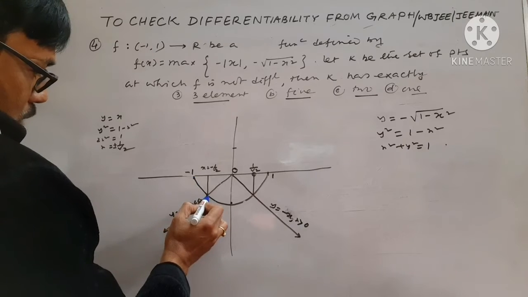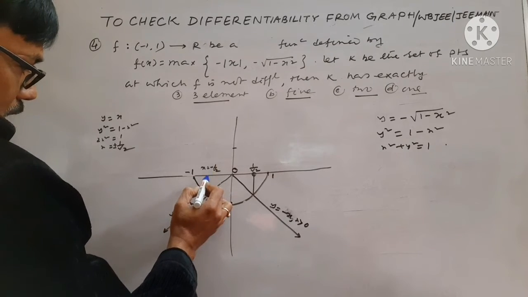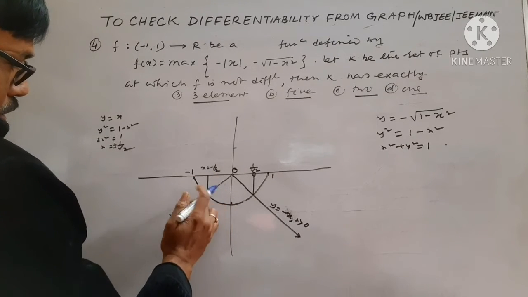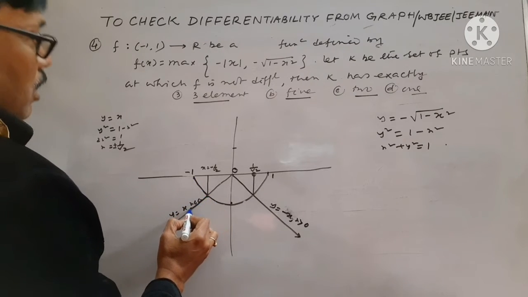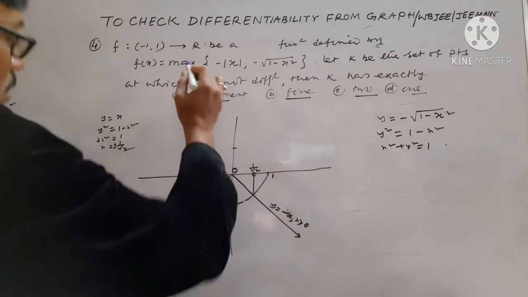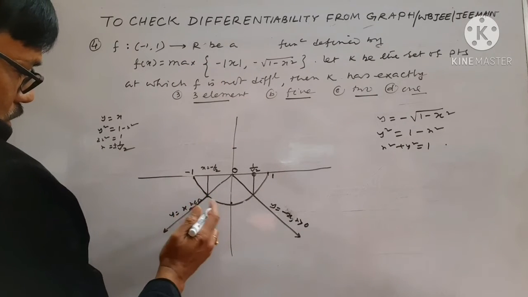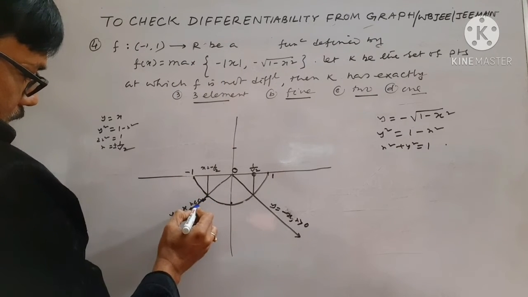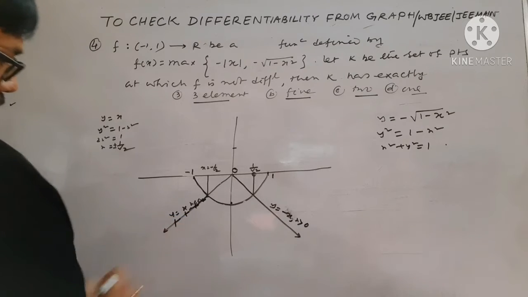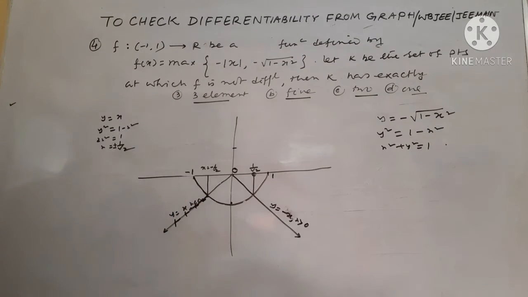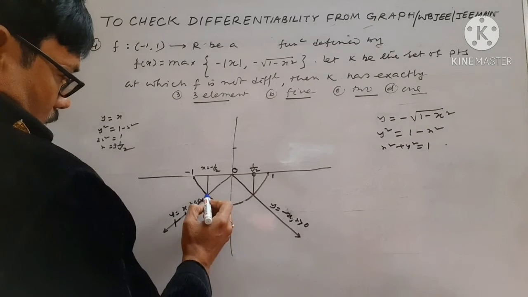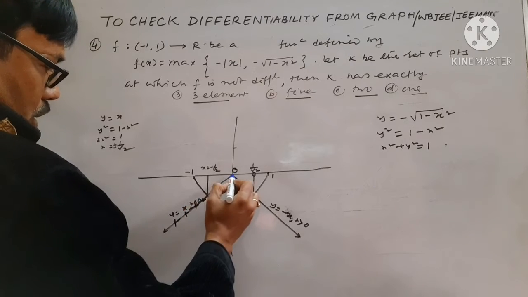So in minus 1 to minus 1 by root 2, this one and this. So this is maximum. So this part is cancel out. This part is cancel out. This one. And from minus 1 by root 2 to 0.